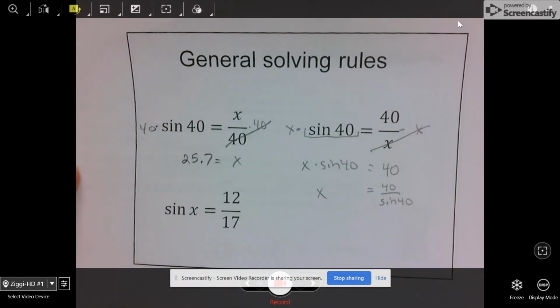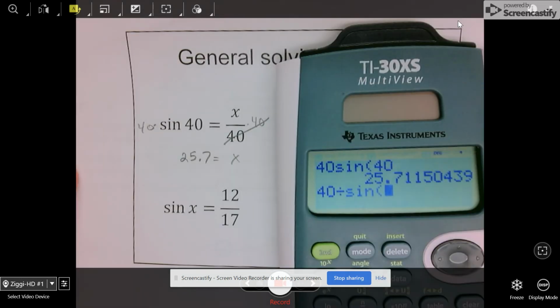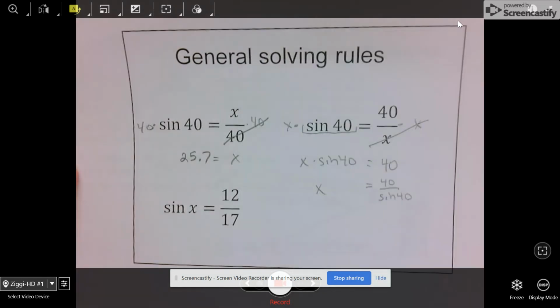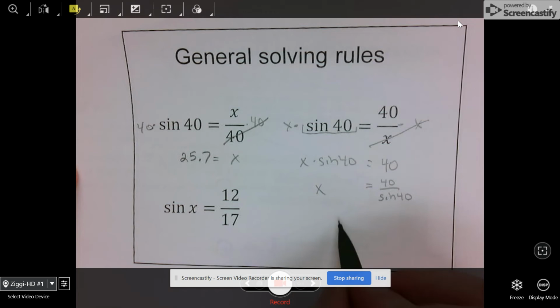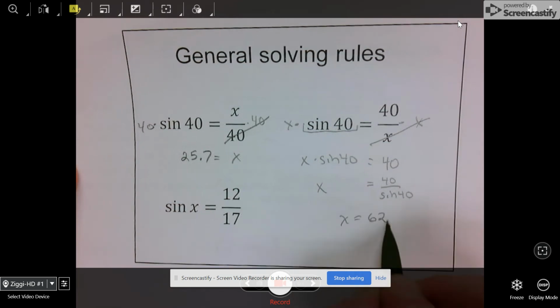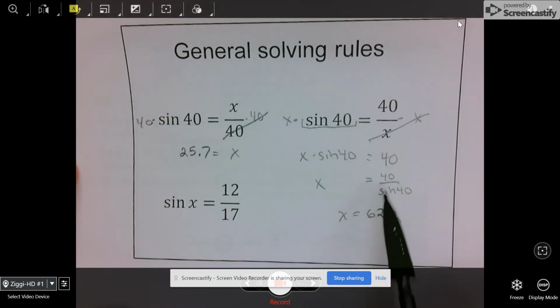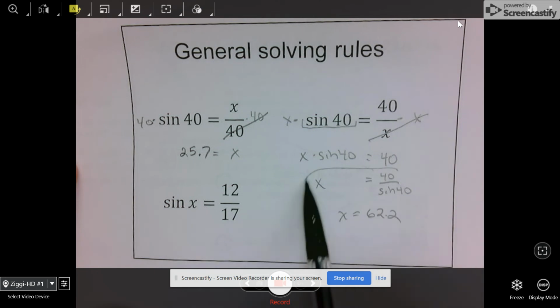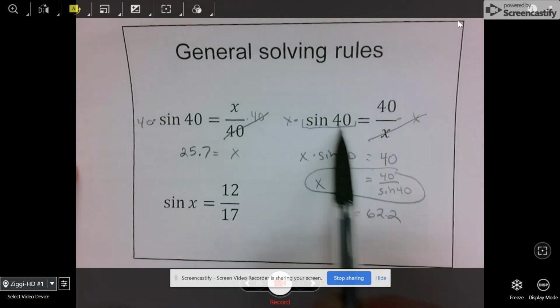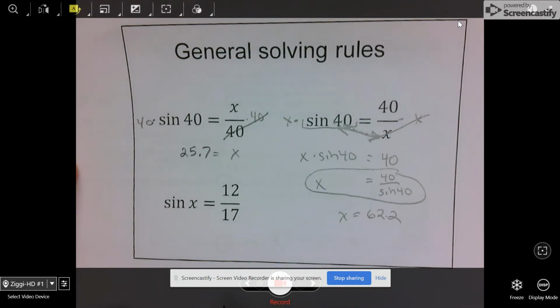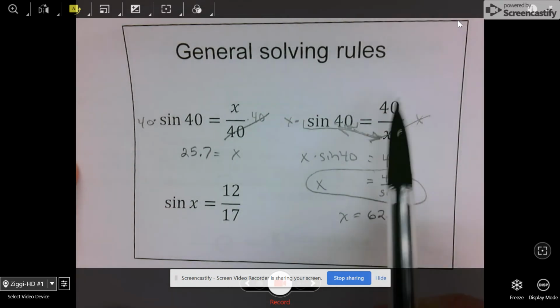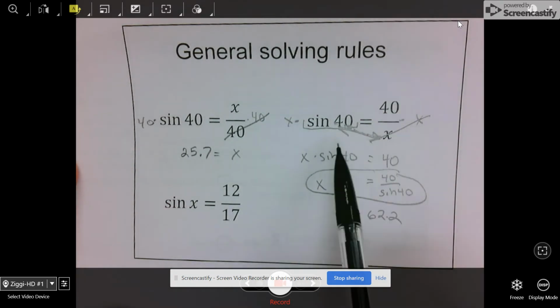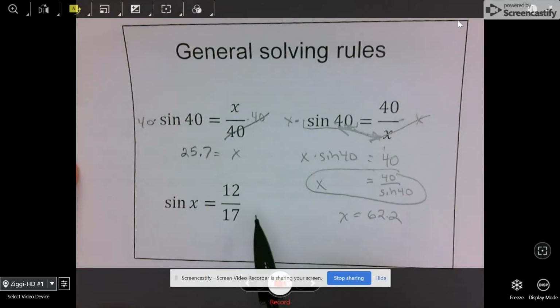So 40 divided by sine of 40, 62.2. What you may notice as a shortcut, and I'm sure you learned this when you did trig before, is that those two switch places. As long as you remember that shortcut, it's good. If you don't remember the shortcut, then you need to do some algebra there.